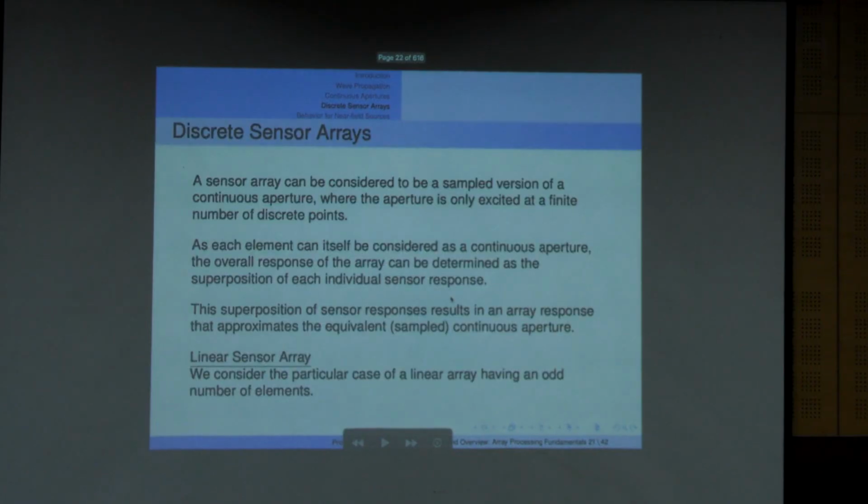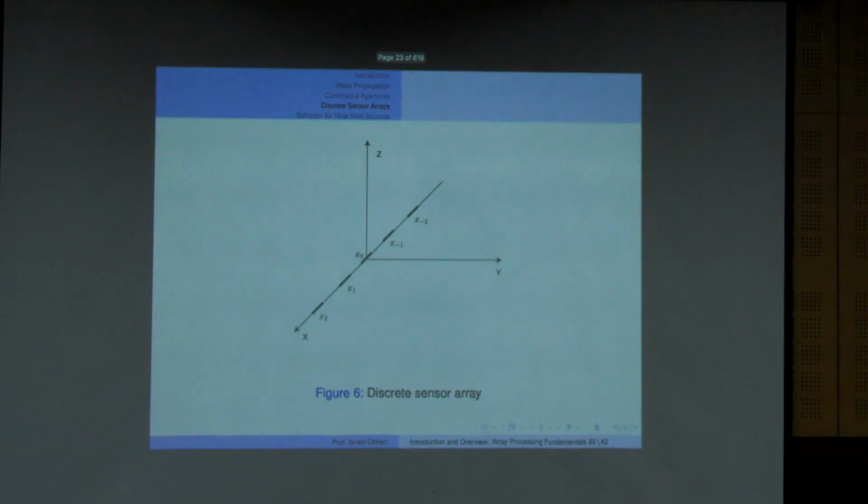Okay, so discrete is just like sampling the continuous aperture, and actually each point doesn't have to be a point sensor. It can also be continuous. It doesn't really matter. So what do we do here?